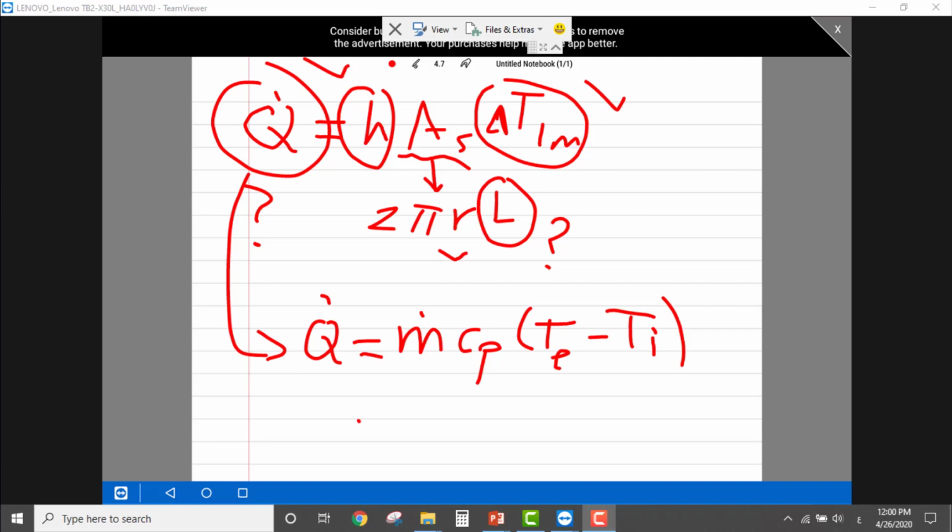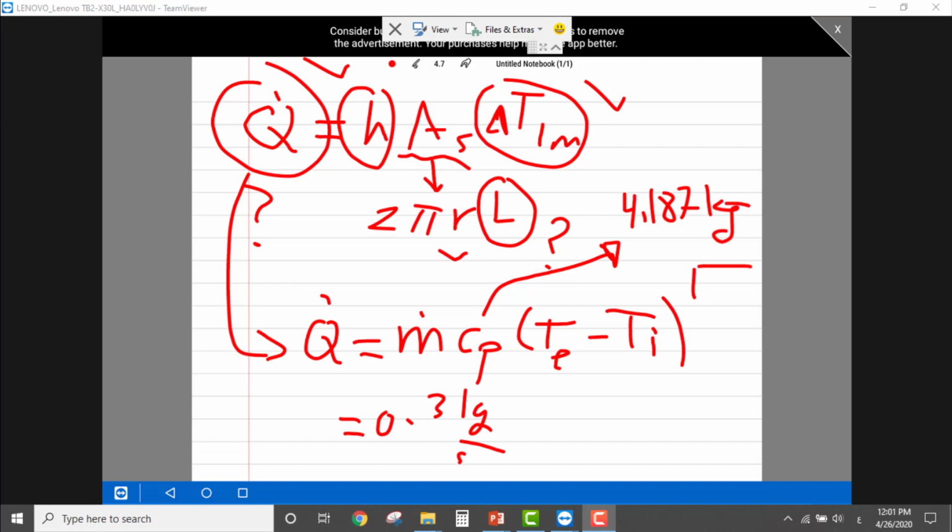So here m dot is given, which is 0.3 kilogram per second. Cp for water, you can find it through the tables, either from this book or from thermodynamic tables, which is equal to 4.187 kilojoule per kilogram Kelvin.